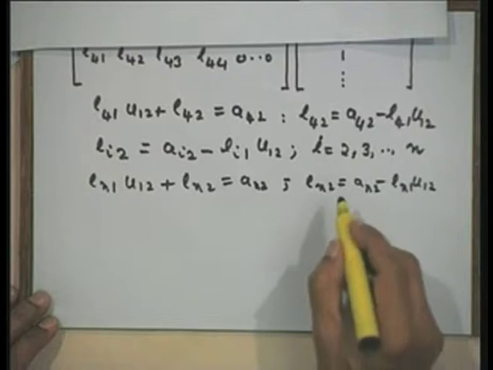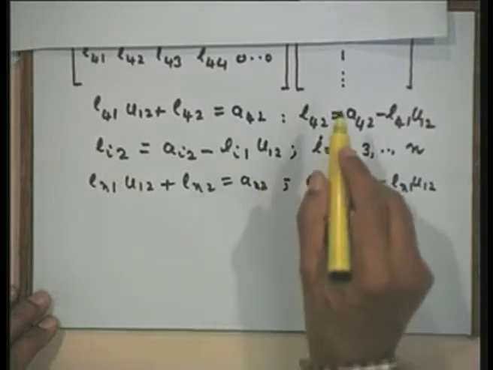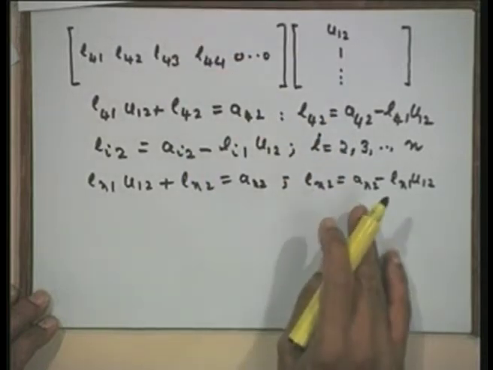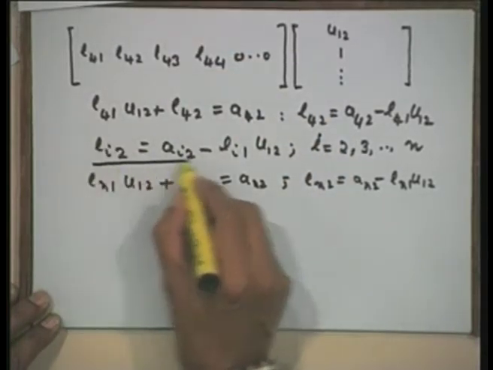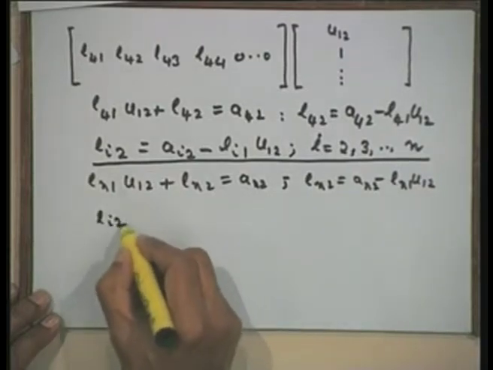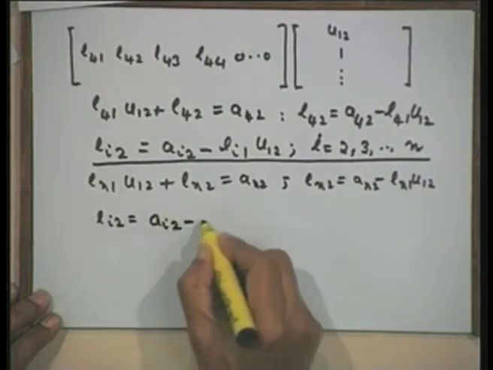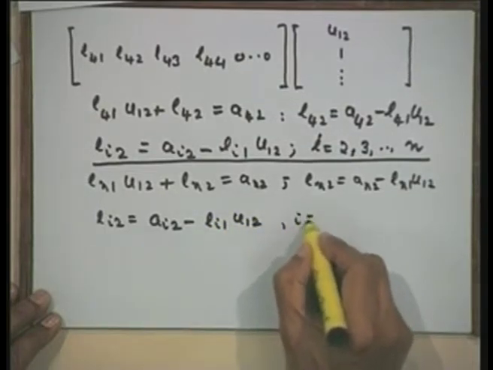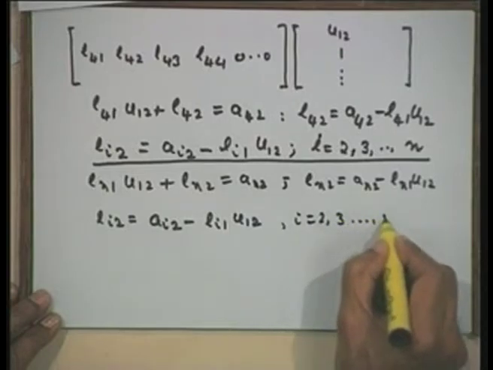Hence, you can see that for obtaining the elements of the second column of L, it is sufficient that I use this particular equation, which I would write again as Li2 is Ai2 minus Li1 U12, i running from 2, 3 so on to n.